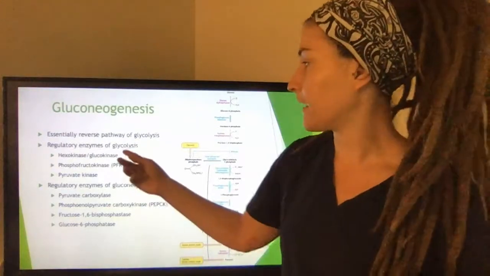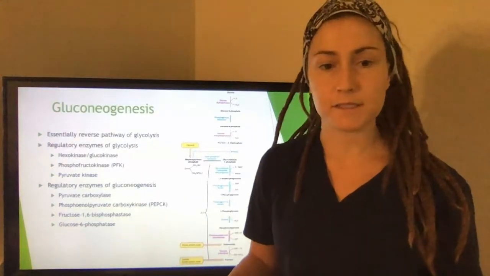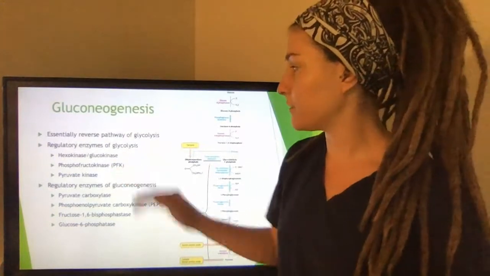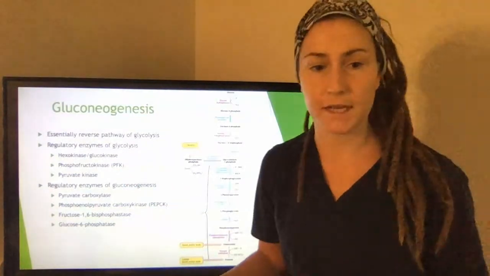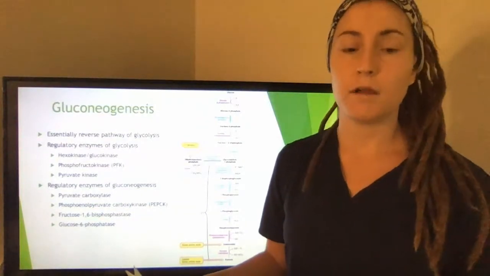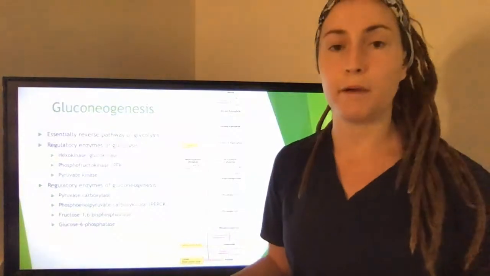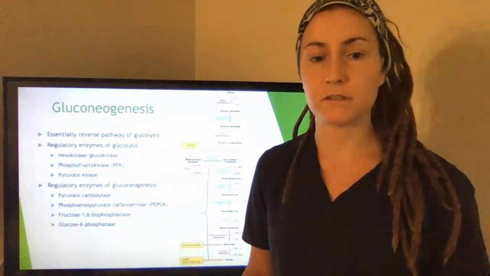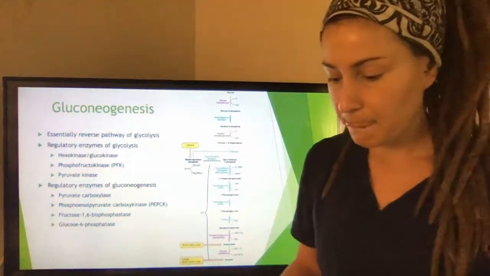So here we have our regulatory enzymes of glycolysis, but in gluconeogenesis, in order to overcome those irreversible steps, we'll use the enzymes pyruvate carboxylase, phosphoenolpyruvate carboxykinase, fructose 1,6-bisphosphatase, and glucose-6-phosphatase.